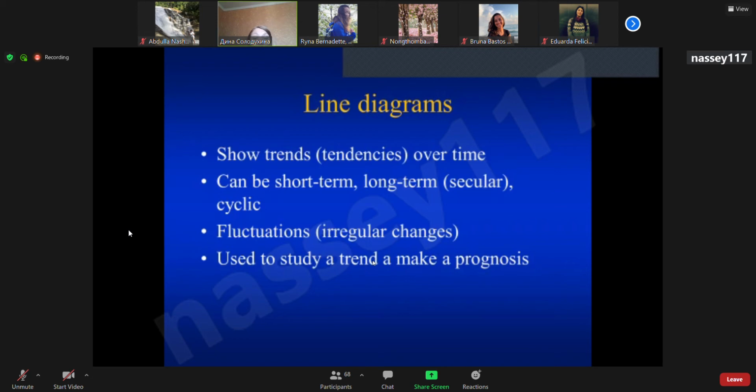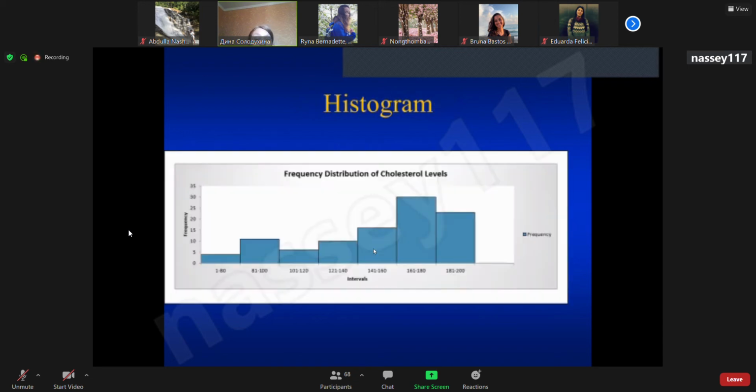A histogram is a kind of graph which is good to study frequency distribution. We have some parameter on the horizontal axis and frequency on the vertical one.